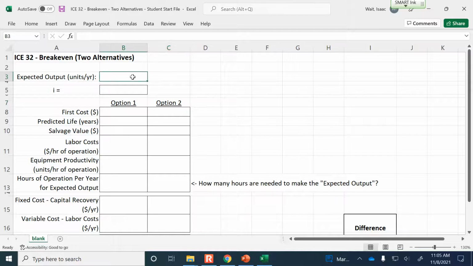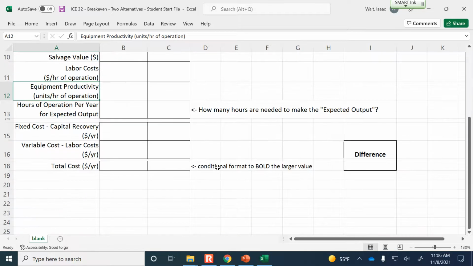And so you had to begin with some guess value of output. I think in the problem it said, at 1,000 units per year, then you'd find out what is the costs. And the costs include how many hours you had to operate the equipment. And so there was a description of the productivity, which is how many units per hour, how many units you can generate per hour of operation.